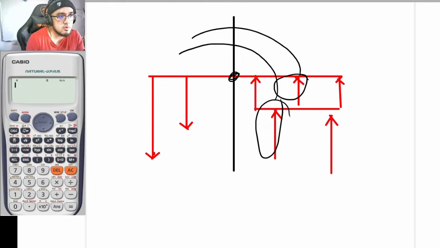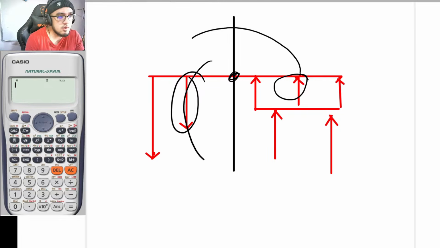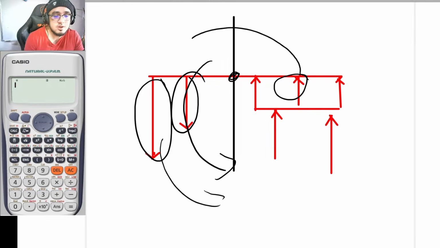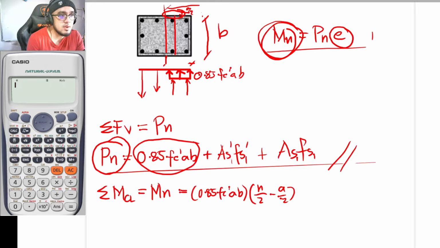This force is going counterclockwise. This force is going counterclockwise. This force is also going counterclockwise. And this force is also going counterclockwise. So with that, all of our parameters here would be positive. So let's say counterclockwise positive. So CCW positive.